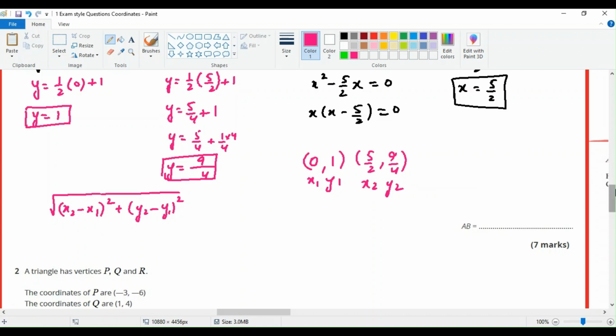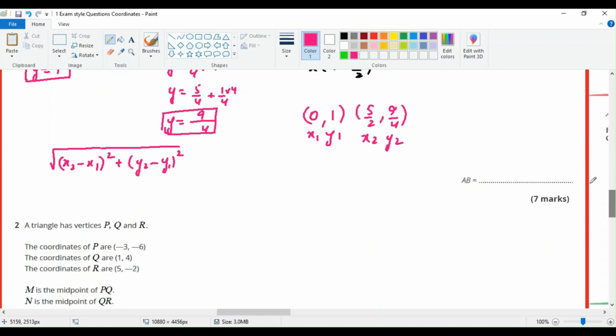I expect that you should be solving this on your own, since the x1 and y1 are already given. That means we can write 5 over 2 minus 0 whole squared plus y2, which is 9 over 4, minus 1, and further calculation you should be able to do on your own. Find the answer and write it down over here.